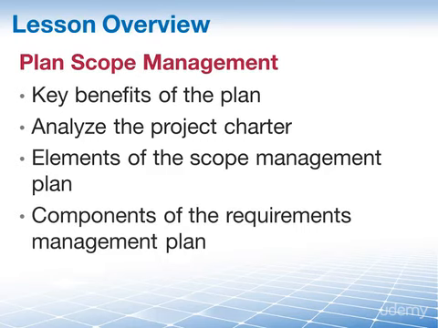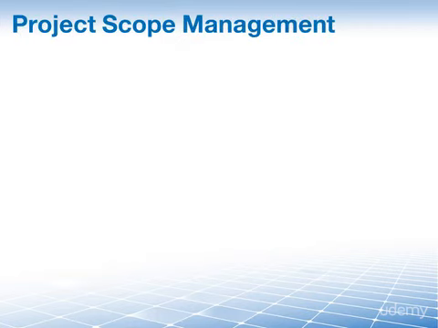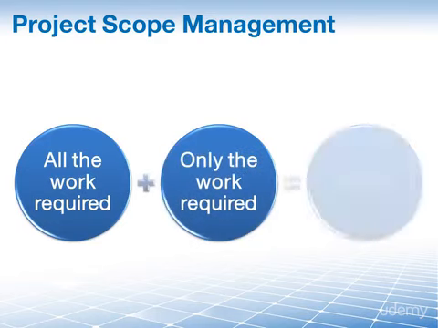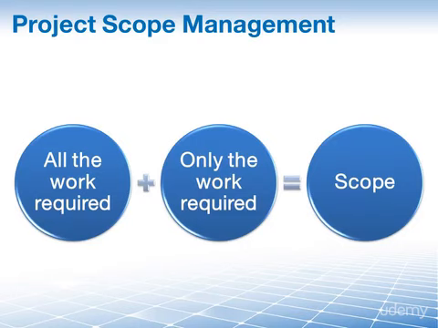The plan scope management process is the foundation that will help guide us through the scope creation process to ultimately make sure that we deliver the product that the client wants and needs. This process is part of the project scope management knowledge area, and its official definition is that project scope management includes the processes required to ensure that the project includes all the work required and only the work required to complete the project successfully.